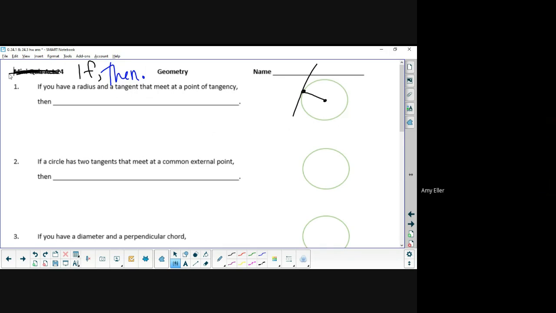Then, who can remember the then part, or you can look it up in your notes that you have in front of you. This was the first day of notes. It's probably the first box on your notes from Thursday. Yes. So write in your pen, then they are perpendicular. And draw they are perpendicular in your picture.